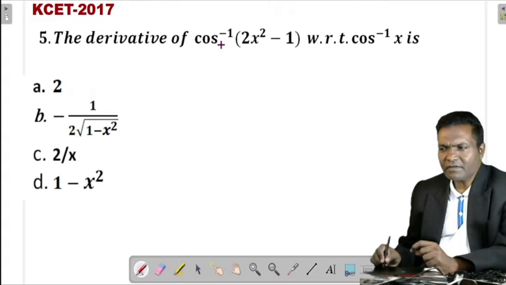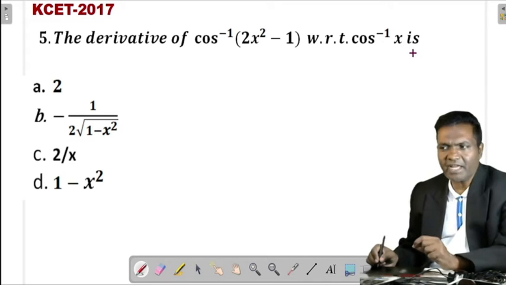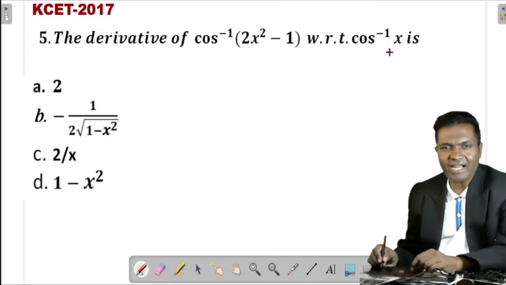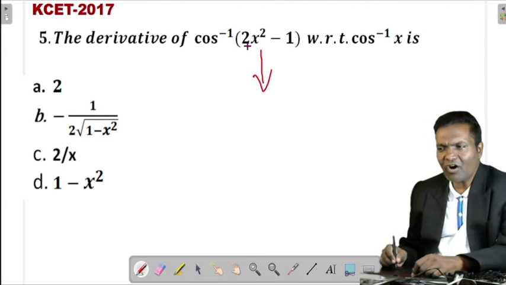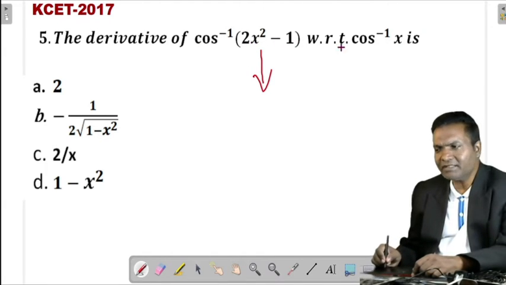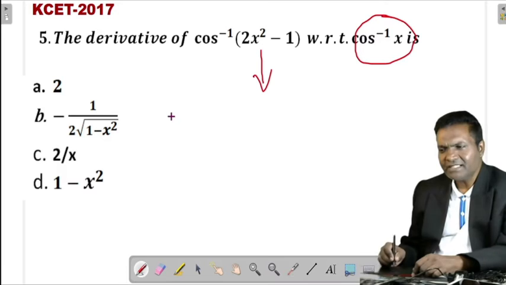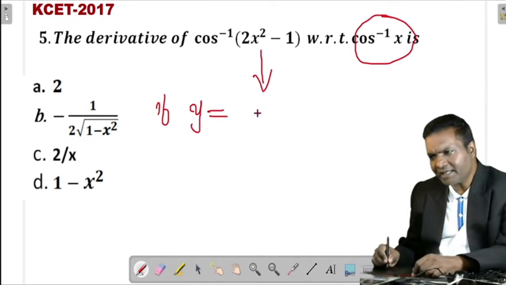The derivative of cos inverse of 2x square minus 1 with respect to cos inverse of x is how much? Again very simple, but you must know trigonometric identities. See here, cos inverse of 2x square minus 1, and you need differentiation of this with respect to cos inverse x. For your understanding, I am writing in detail.